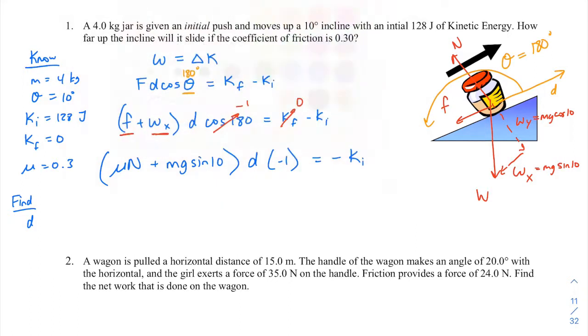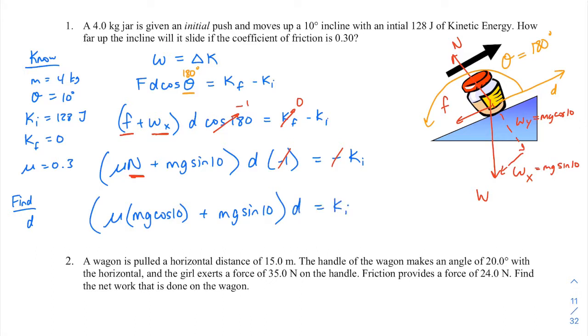I've got a negative on both sides so I can cancel those out. One more simplification: for an inclined plane, the normal force is equal to Wy. So I could say mu times Wy, which is mg cosine of 10, plus mg sine of 10, and that's all times my distance, is equal to my initial kinetic energy.